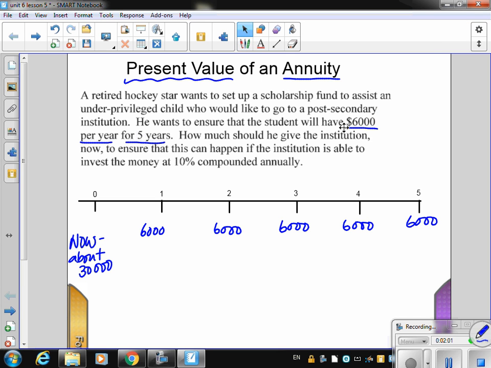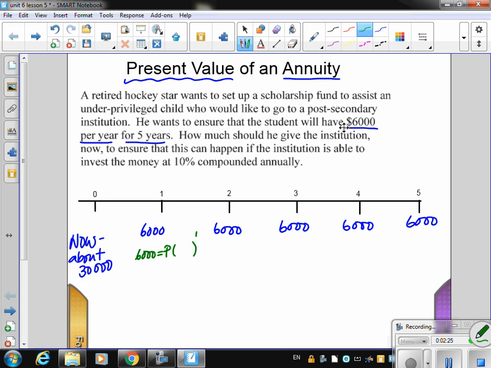What the banker does is he takes the first $6,000 and says, you know what? If I want to figure out the present value for that $6,000, I use my formula from 2 lessons ago, where we take our $6,000 and we say, what present value do I need for that one?